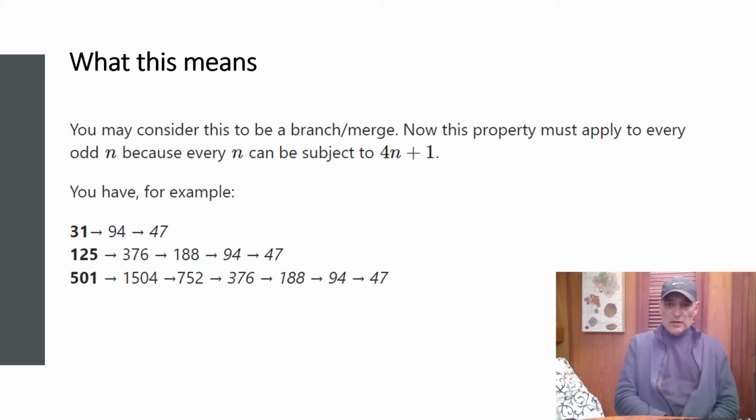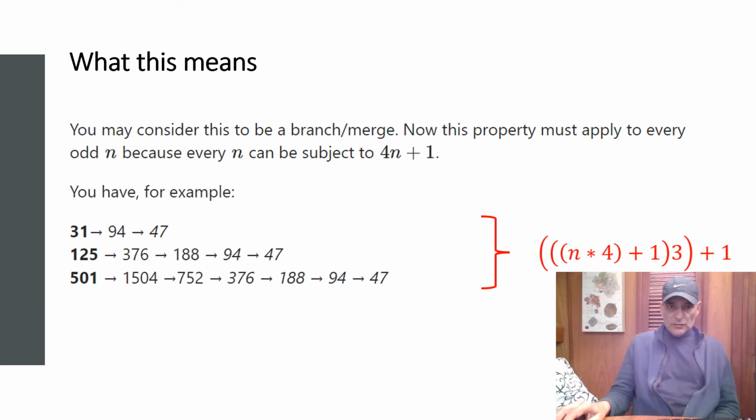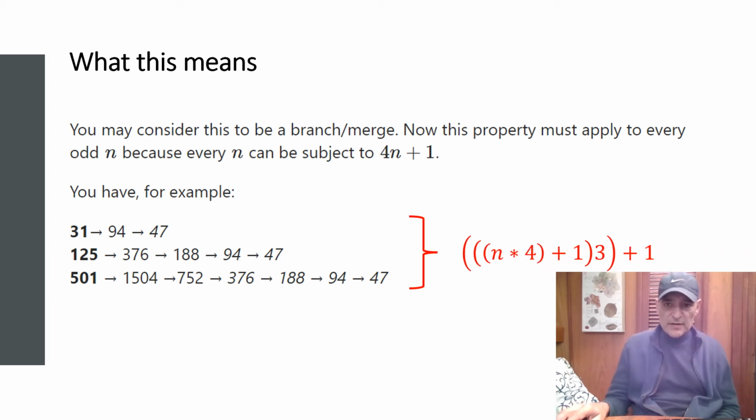Now, let's take an example of a sequence, 31, and you multiply by 3, add 1, and then divide by 2, and this one gets to an odd number after 1 even step. Now, the other way to look at this is sequence to sequence. So this is where n times 4 plus 1 multiplied by 3 plus 1 comes in.